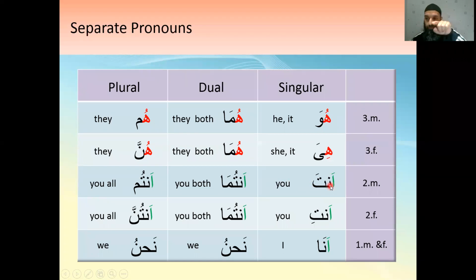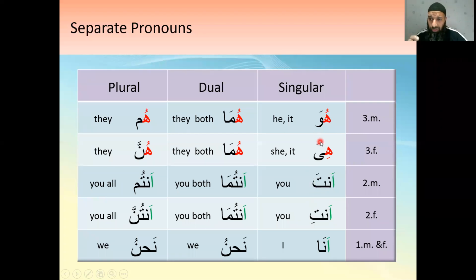Anta, antuma, antum. Next one, for a feminine: anti, antuma, antunna. And then the last one, ana, me. Nahnu is two, and nahnu is plural as well.